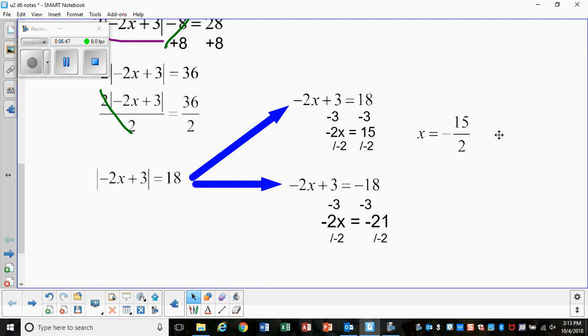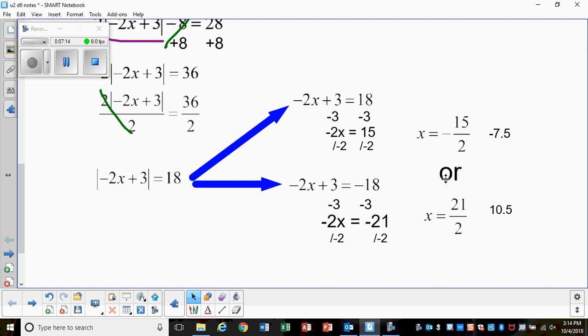which we can go ahead and write as a decimal. That's fine. You all need to get used to fractions. The decimal will be negative 7.5. Over here, we get 21 over 2 because the negatives cancel each other out, which is the same thing as 10.5. So because we have two different equations, we have two different x values, so those are two solutions.